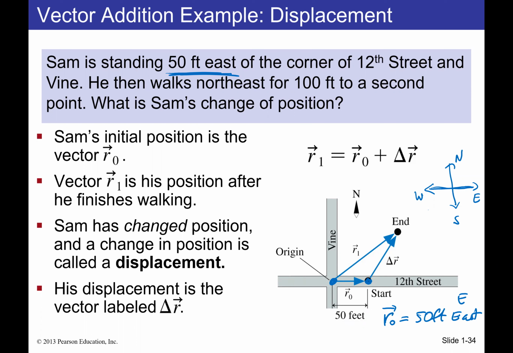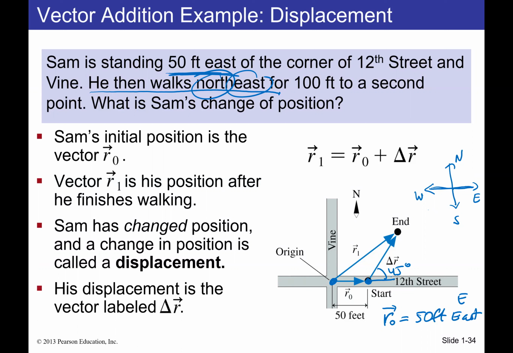Then it says he walks northeast for 100 feet. All right, so northeast means north of east. That means from east, you move toward north. When you're not given any angle, let's say 20-degree northeast or 30-degree northeast, and it says just northeast, it means 45 degrees with respect to east toward north.